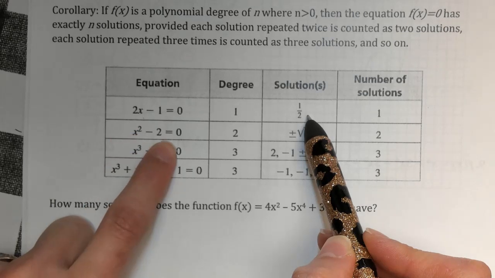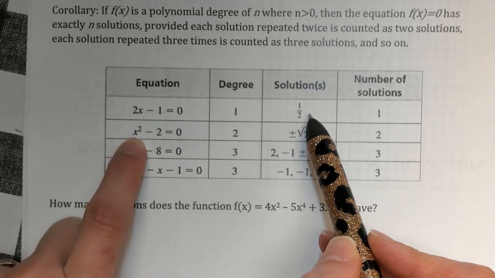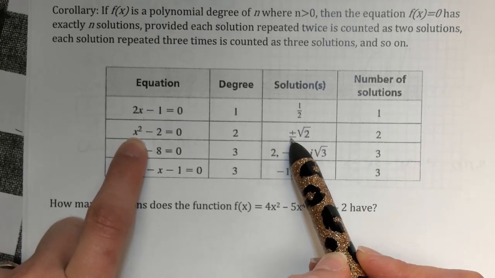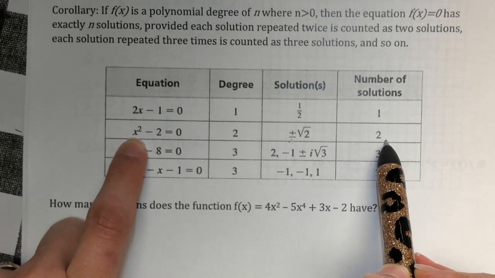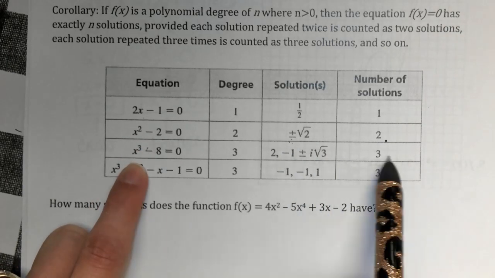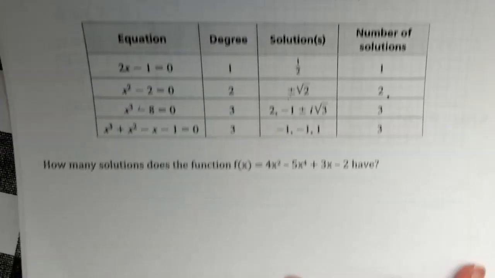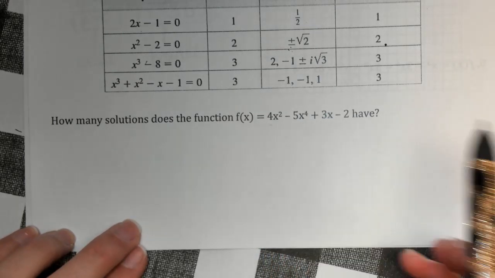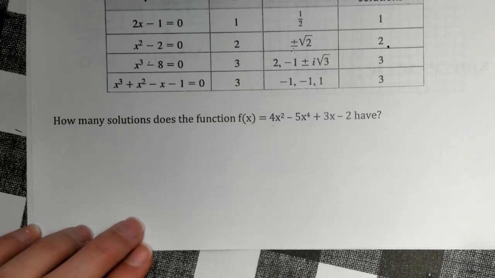If I have x squared minus 2, my degree is 2. I should have two solutions. You get x equals plus or minus square root of 2, so that plus or minus takes care of two solutions. Same thing, y'all can see the pattern. So we're going to look at 4x squared minus 5x to the 4th plus 3x minus 2, and how many solutions does that have?